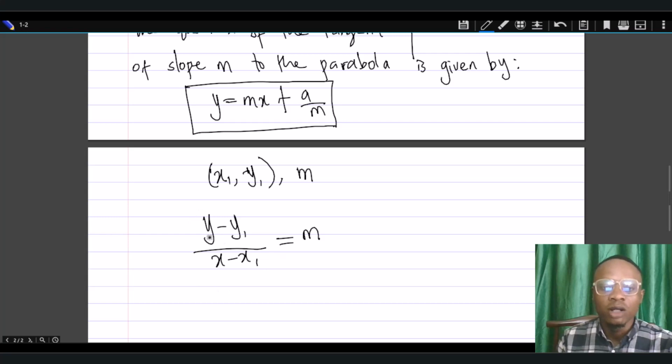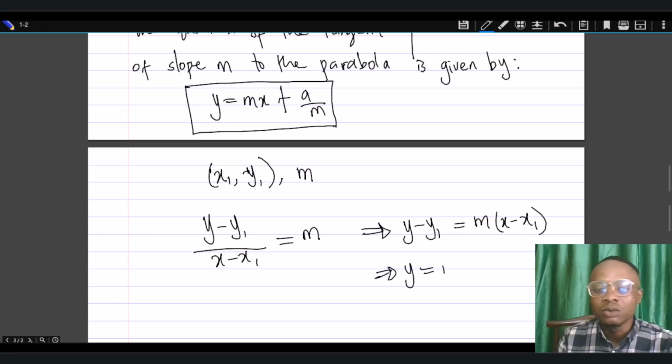This holds true for any point (x, y) on the line. So generally we have y minus y1 equals m times (x minus x1). When we open up this bracket, y equals mx minus mx1, then moving the minus y1 to the other side, it becomes plus. So this will be y equals mx plus (y1 minus mx1).